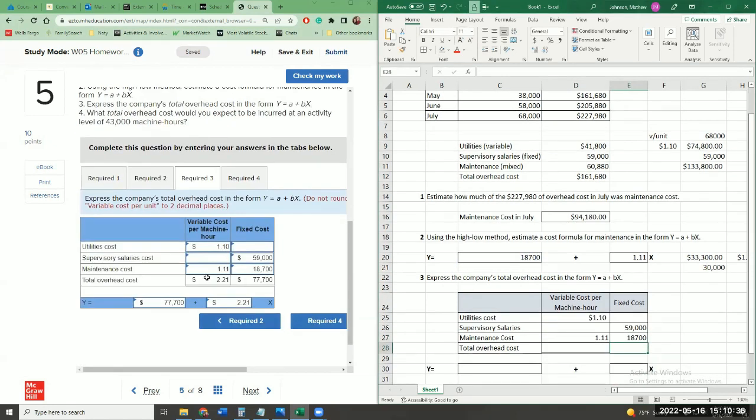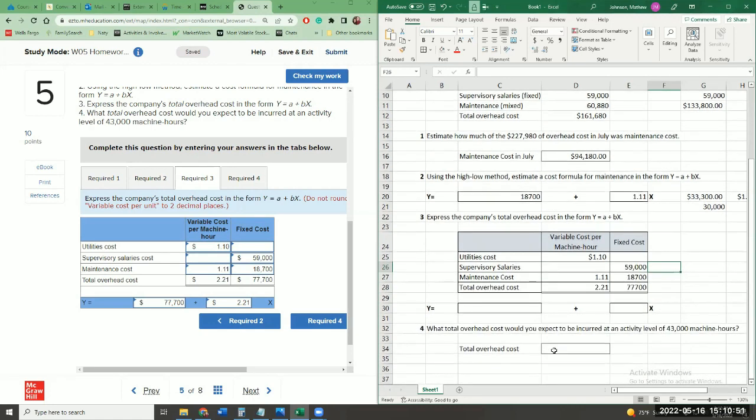And then on Canvas, they will just add it all together and they say that it's 2.21 total of variable cost per machine hour and total 77,700 total fixed cost. So you just have to copy those numbers here to do the Y equals A plus BX. A is always the fixed part, so 77,700, and B is 2.21.